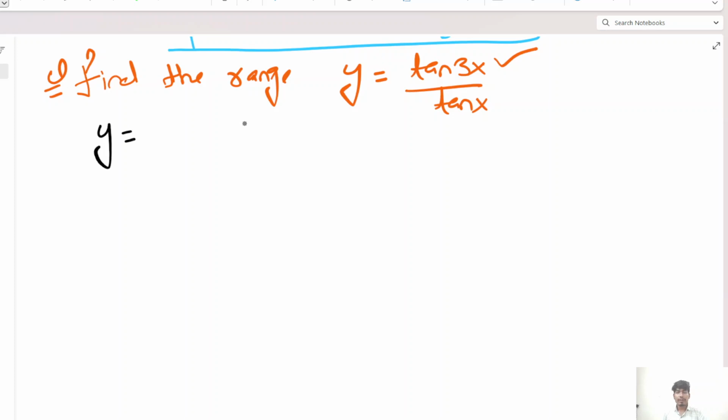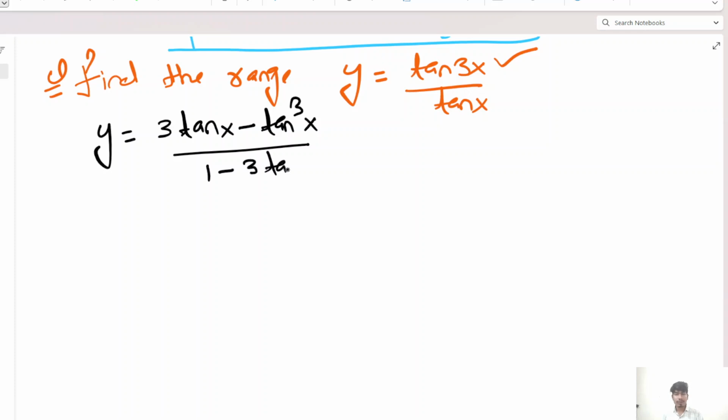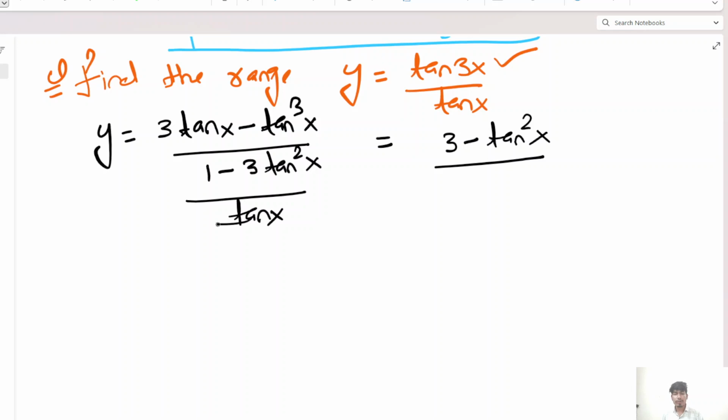y is tan 3x upon tan x, and the formula of tan 3x is 3 tan x minus tan cube x upon 1 minus 3 tan square x. Dividing by tan x, we get 3 minus tan square x upon 1 minus 3 tan square x.